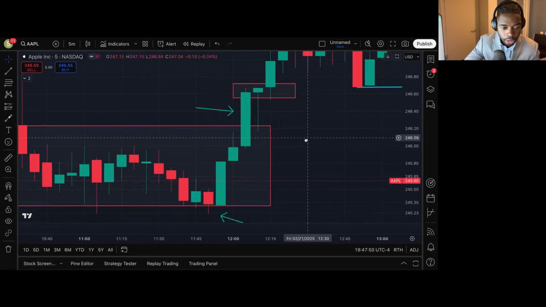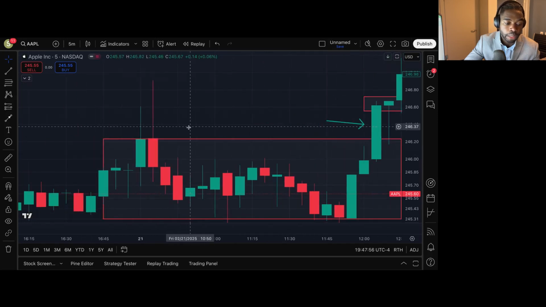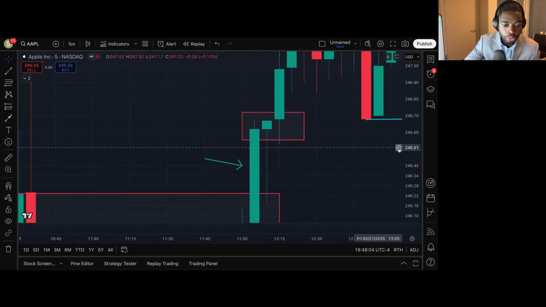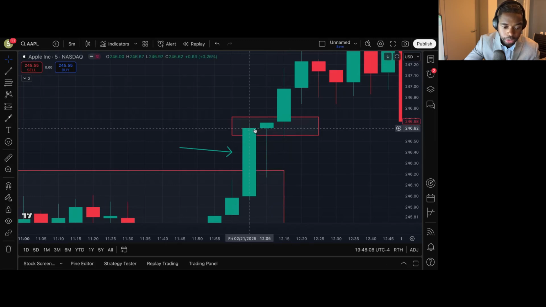You want to enter after a trend bar, and typically after a level is broken. In this case, we broke above the bodies here. We broke out of this range. So how do we enter on this trade? You need to wait for the bar to close.